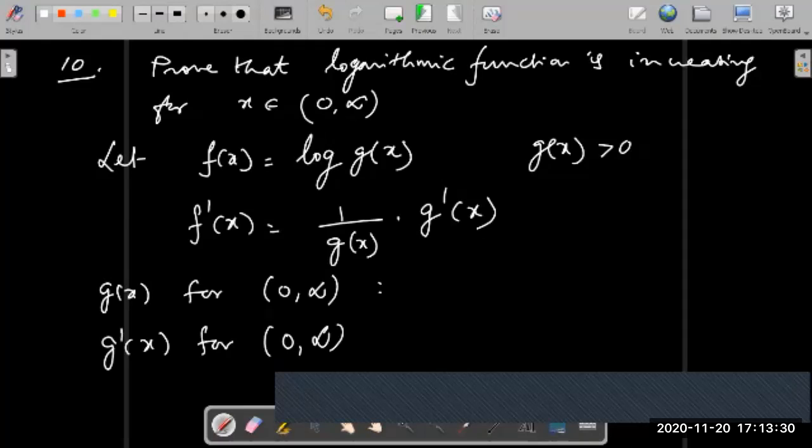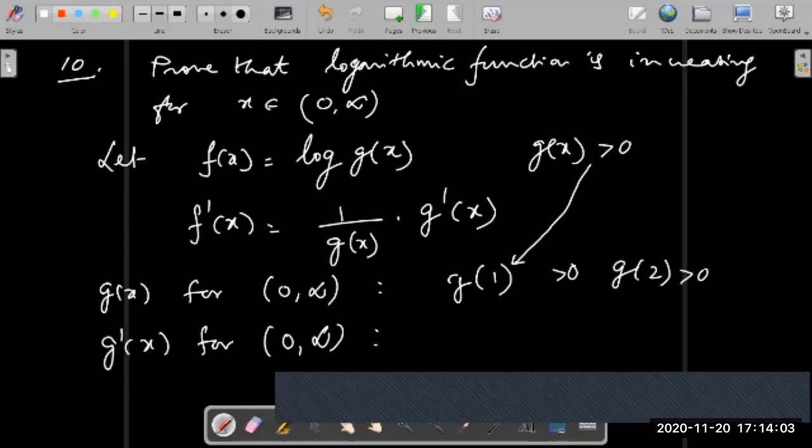So for this first, let's take anything greater, that means let's say x equal to 1. So g of 1. Since we said any value of x which is considered is greater than 0, g of 1 is obviously greater than 0. g of 2 also will be greater than 0. g of anything you give greater than 0. So the denominator is greater than 0. Now g dash x is the differentiation of this.